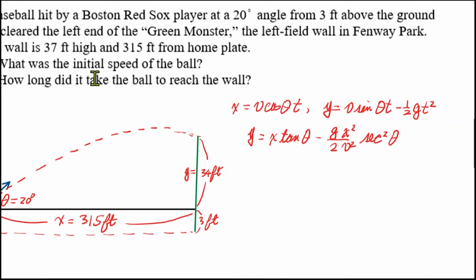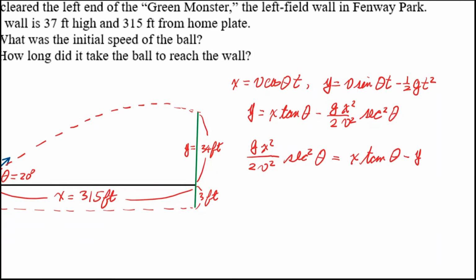So let's rearrange it. Shall we solve for this v? I'm gonna bring y to the other side. So I have g x squared over 2v squared secant squared theta is equal to x tangent theta minus y. So far so good. Therefore, now I'm going to multiply this cosine to the other side. Well, flip both sides.